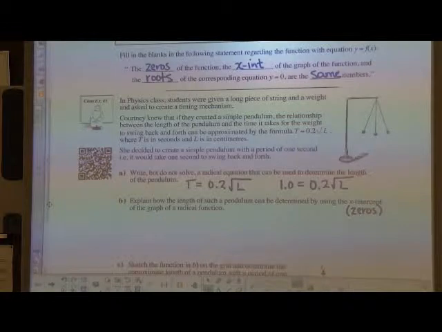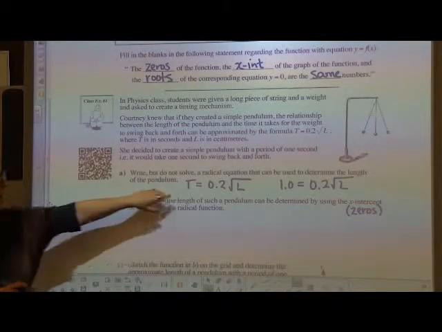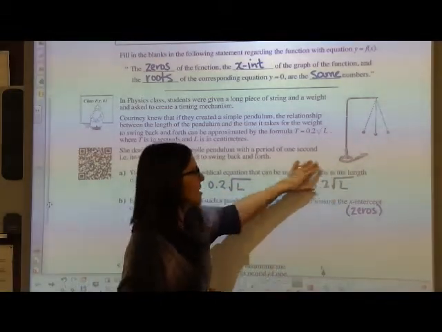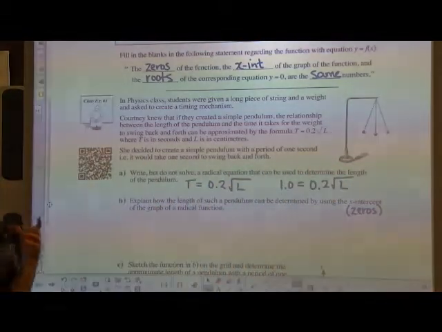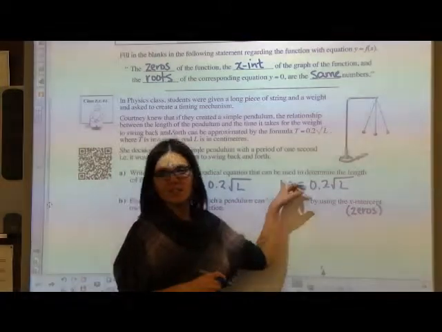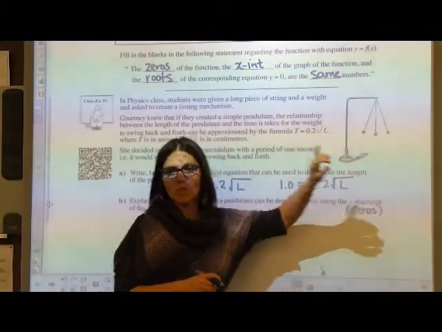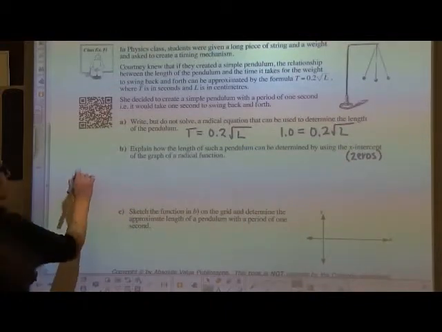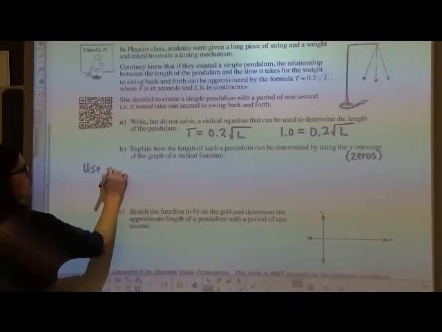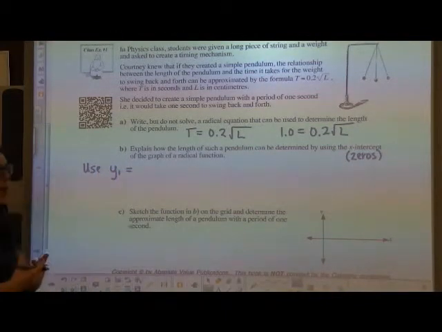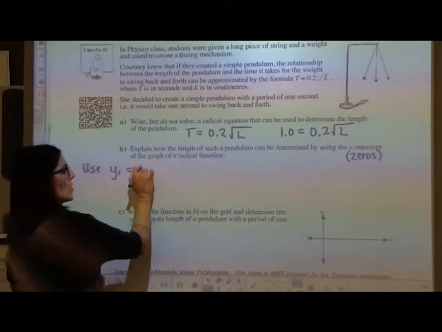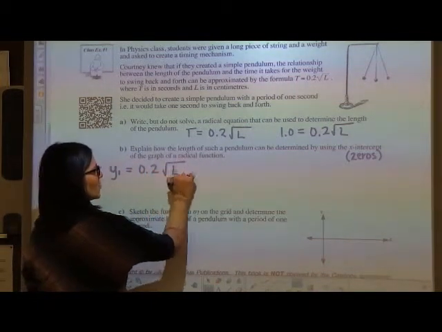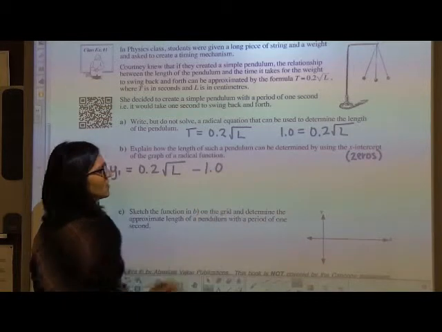I'm looking for it crossing the x-axis, so I'm only going to have one equation. So I want to take this equation and write it as a y equals, which means I want to move this to the other side of the equation. So I want to rewrite the equation. I let y1 be equal to 0.2 times the square root of L minus 1.0.